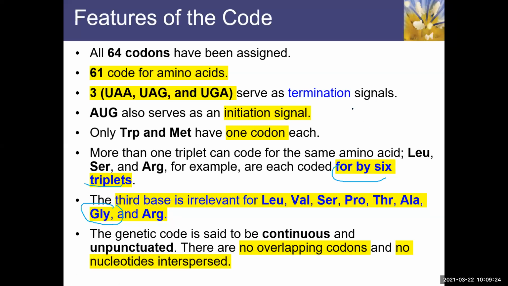For example, G G C, G G U, G G A, G G G. So look at this. Every time I have the first 2 bases similar, but it's only the third base which changes. This is very important. This minimizes the effect of mutations in our genome.